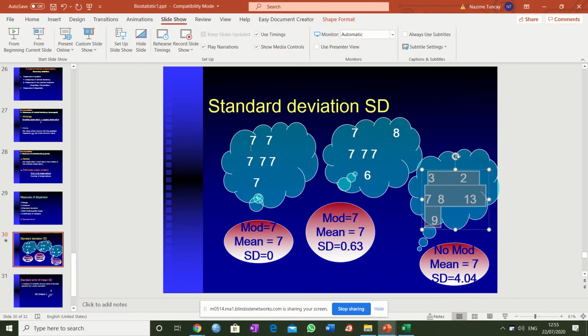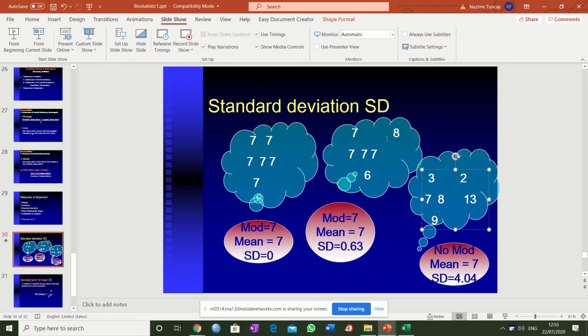So we have different numbers, 6 numbers in each. Let us say that we have 6 different patients, and their measurements are different here.